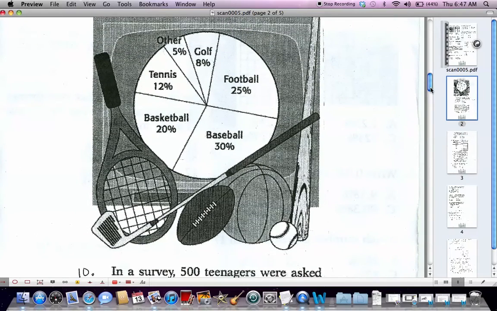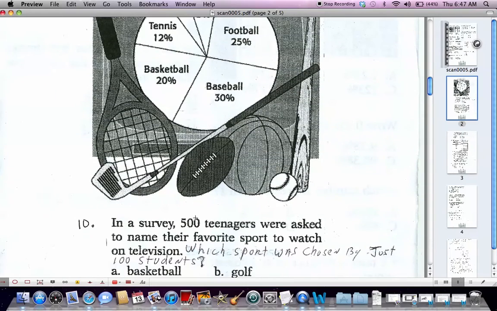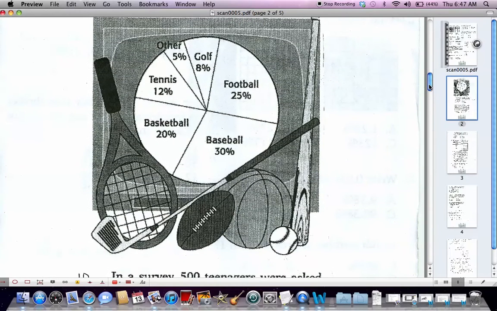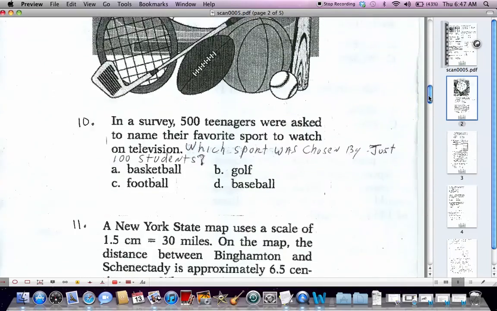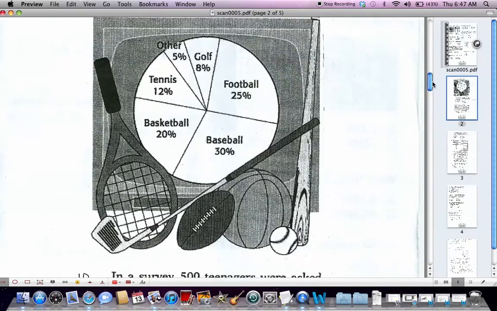Okay, so look and see. Now think about this. This is 500 included in this survey. We want to find which sport was chosen by just 100 students. So you're going to do some math and figuring out which one of these, the percentage of 500, is just 100 students.